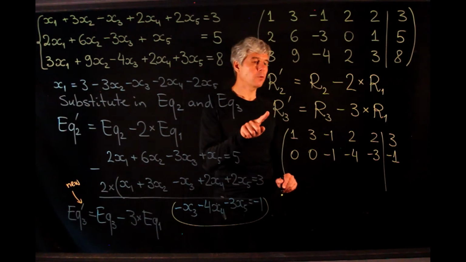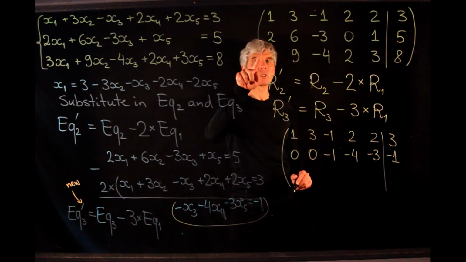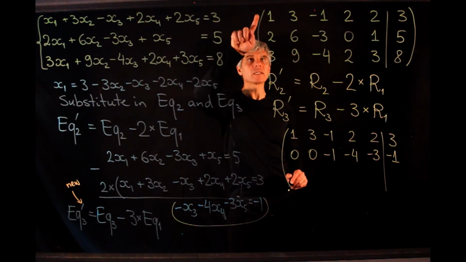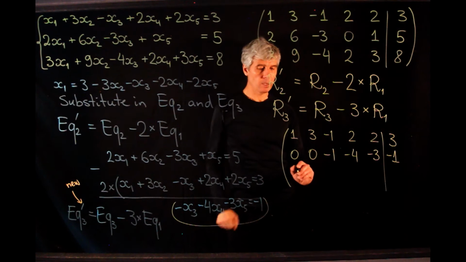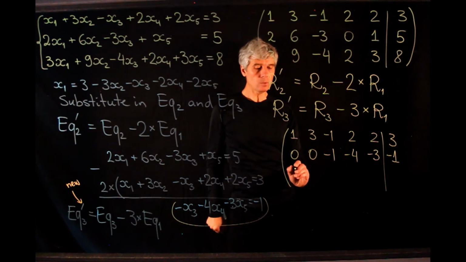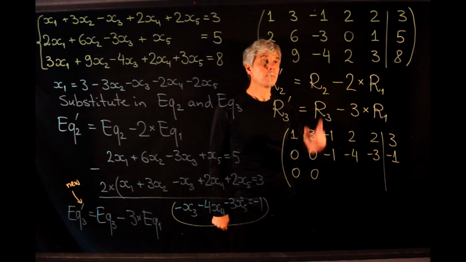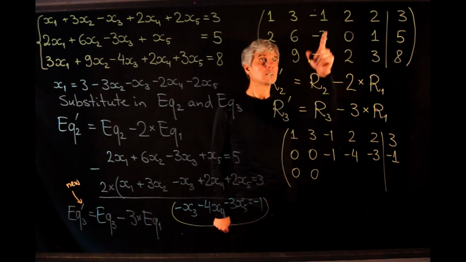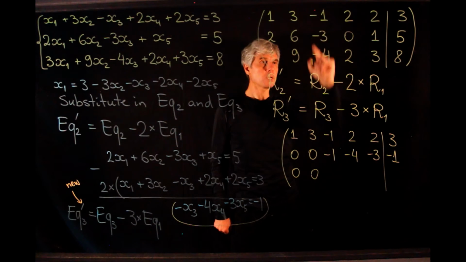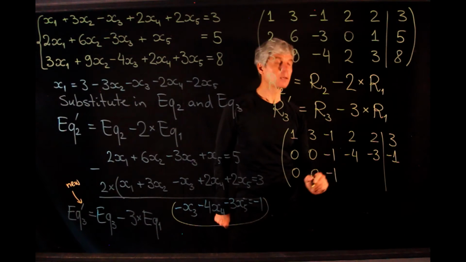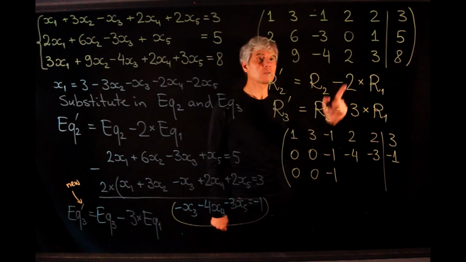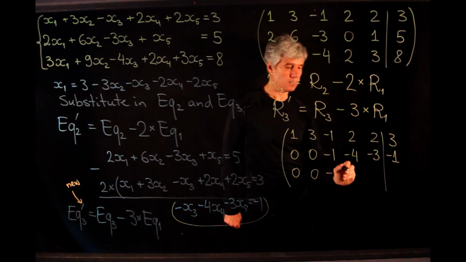And for the last row, we take row 3 minus 3 times row 1. So here we get 0. 9 minus 9 is 0. Minus 4 minus negative 3, that's minus 1. Then 2 minus 6, that's negative 4.